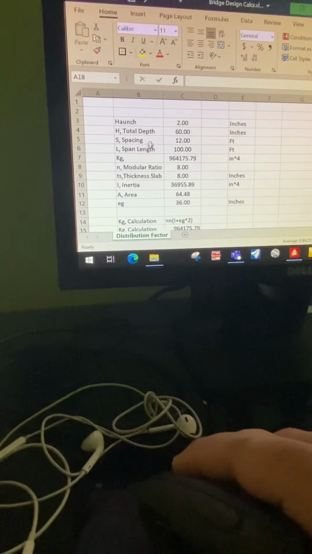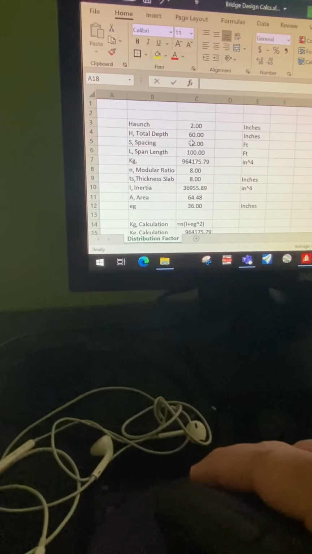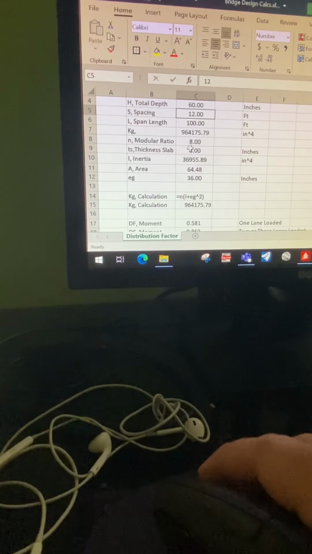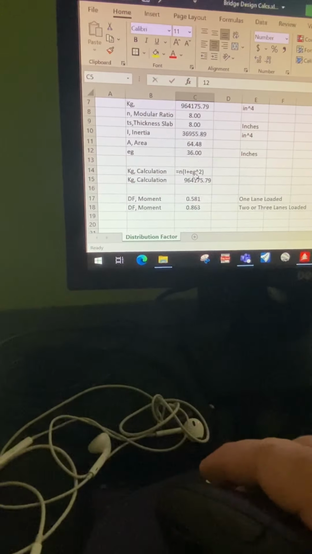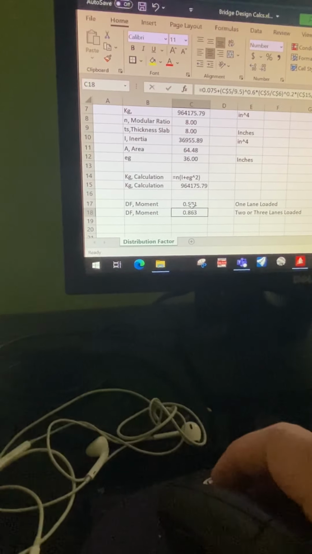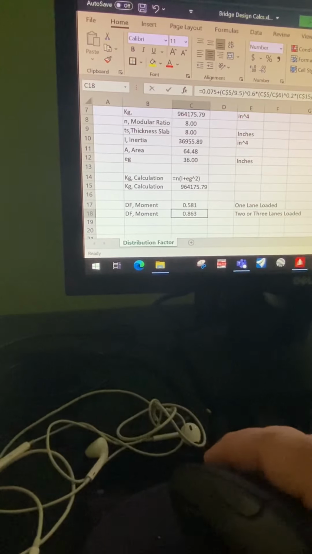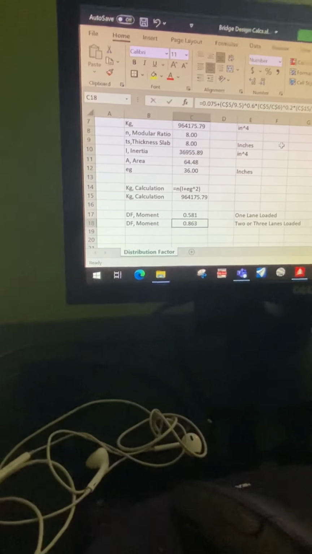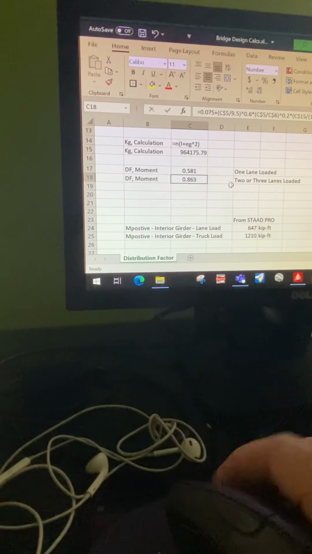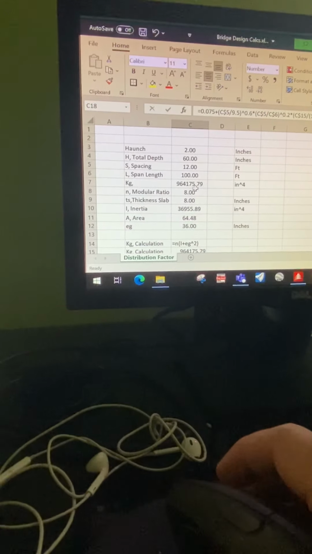For the geometry of the bridge, we have the girder to girder spacing at 12 feet. These are all needed to calculate the distribution factor of 0.863. The distribution factor is found in the AASHTO. I don't have to go intense into that, but yeah.